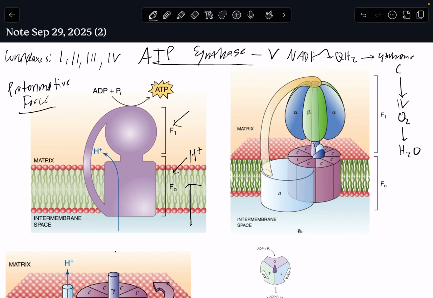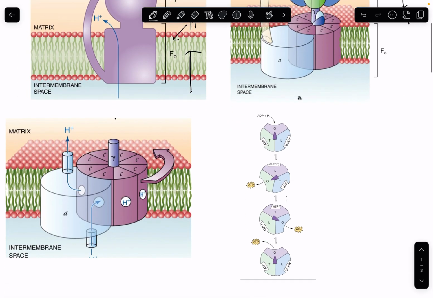And that is the amount of free energy to drive that ATP synthase, okay? So F0, that allows us to move those protons. F1, this is essentially the catalytic part of ATP synthase where the good stuff happens.